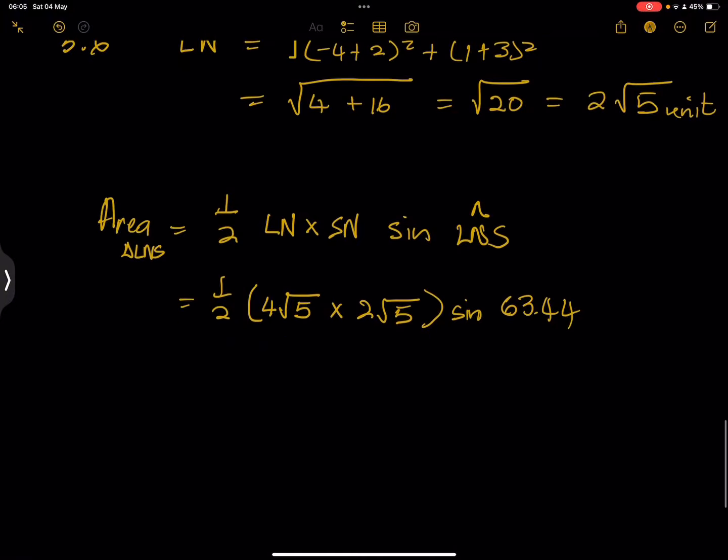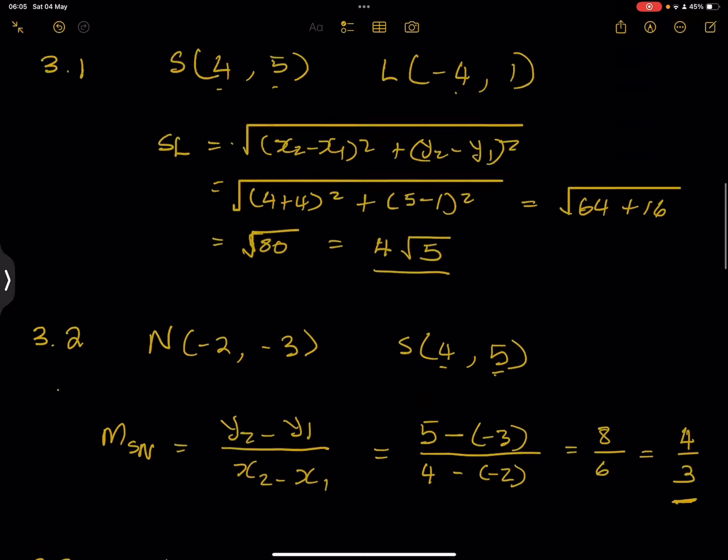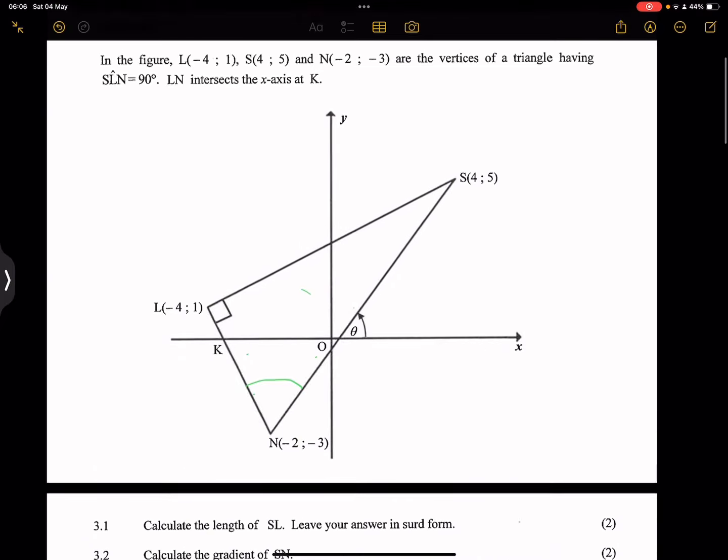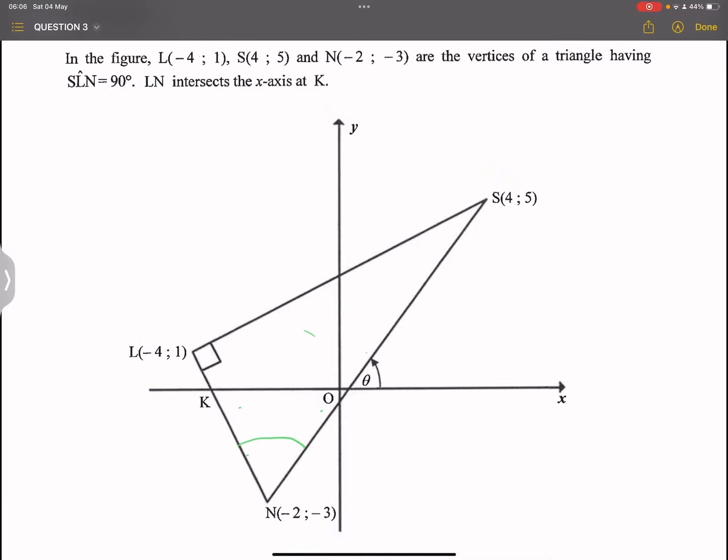Okay, so you could have also found the length of SL. In fact, we already had, let me just make sure that I am correct there. No, actually, we've got SL, which was 4 root 5, and we just found LN, which was 2 root 5.